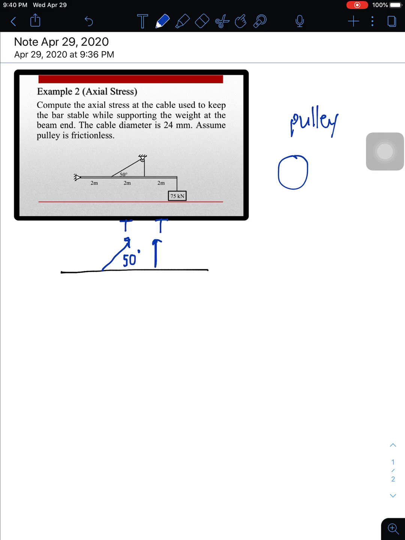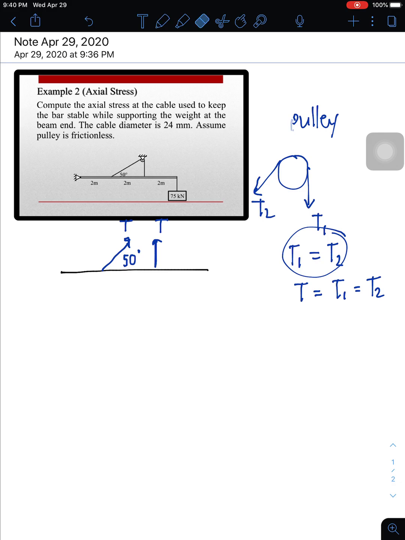So when a frictionless pulley is applied, if this is T1 and this is T2, then T1 is just equal to T2. Therefore, I can just denote T1 and T2 as equal to T. So that's how we proceed with the tension.